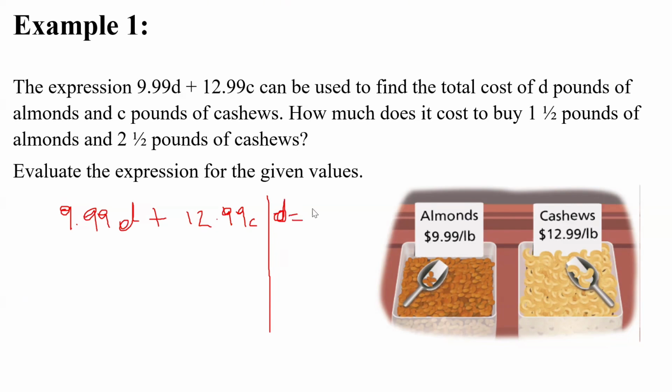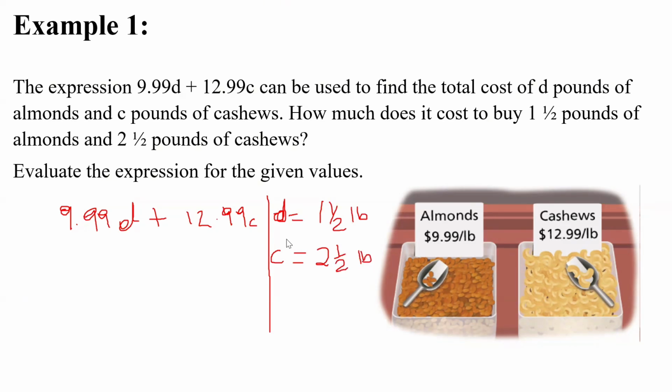So for d, we know that d represents the pounds of almond, and we need to know the cost for 1.5 pounds of almond. c represents pounds of cashews, and in the problem we want to know the cost for 2.5 pounds of cashews.